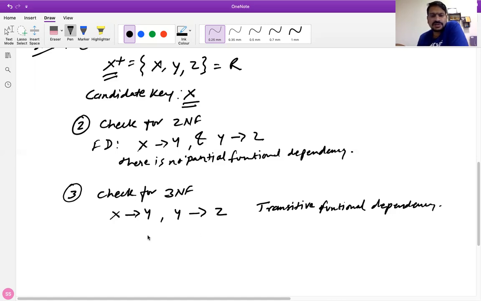Do we have any transitive functional dependency? Yes, we have. X determines Y, Y determines Z, so we can say X determines Z. So X determines Z is a transitive functional dependency.